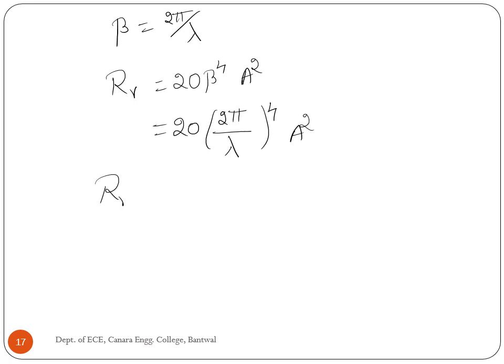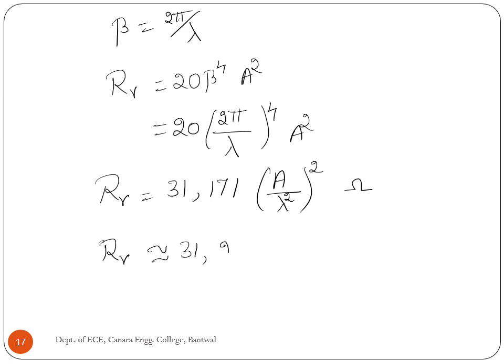Therefore, radiation resistance is equal to 31,171 (A by lambda square) whole square in ohm, which is approximately equal to 31,200 (A by lambda square) whole square in ohm.